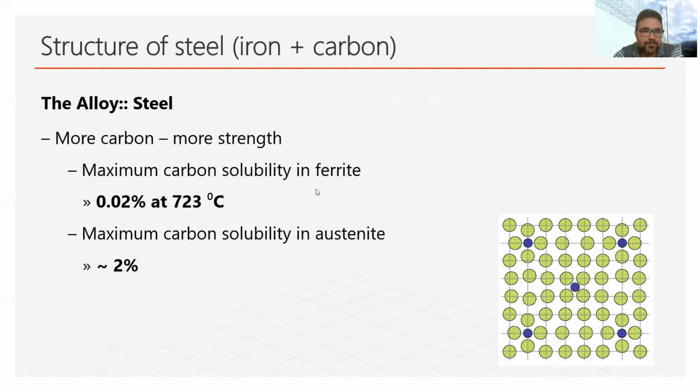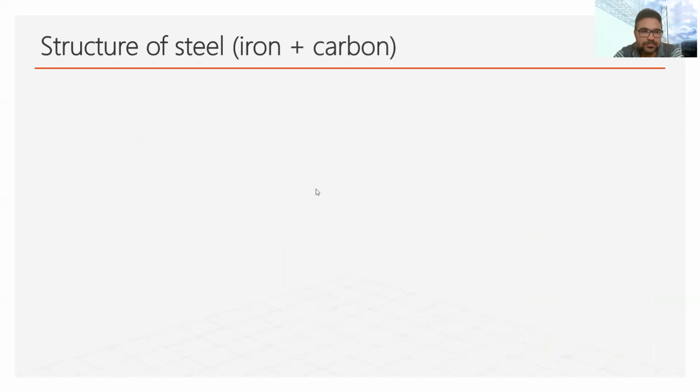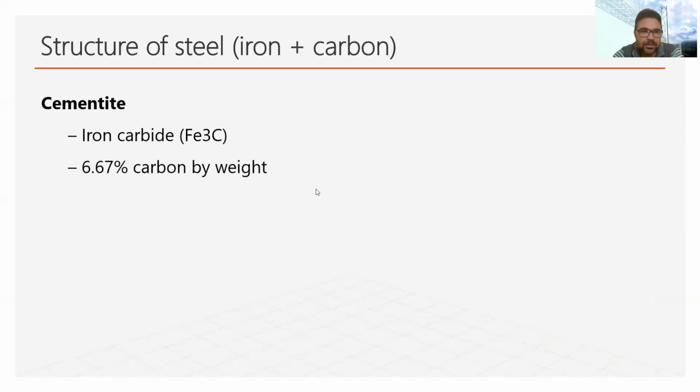There you can see the maximum carbon solubility up to a temperature of 723 degrees Celsius is only 0.02%. When the temperature rises, the carbon solubility increases up to 2%. If we further increase the temperature, then the carbon solubility can increase to some more extent. Now there is a term called cementite.